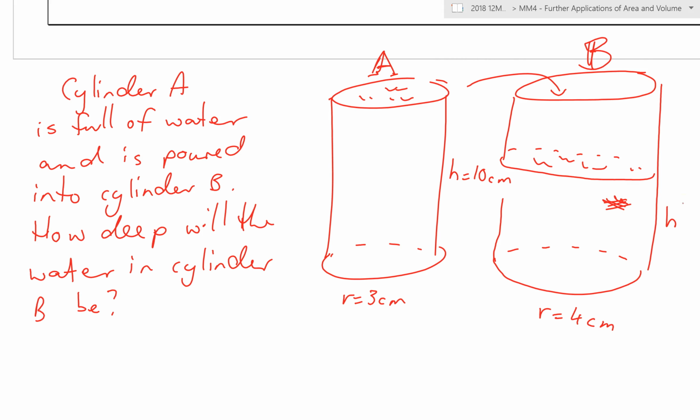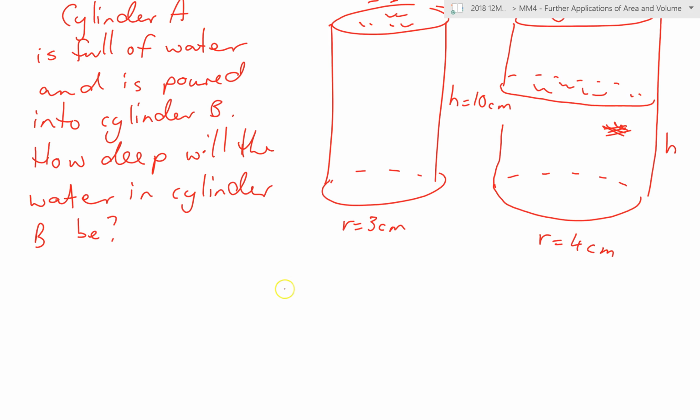Well, the volume of water equals pi times 3 squared times my height. Equals 90 times pi. Let's put it in my calculator.